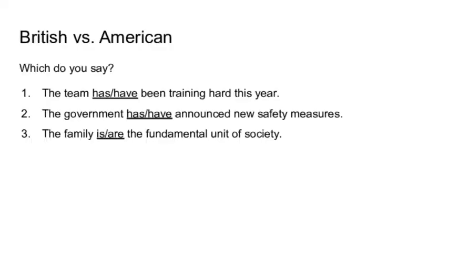But in British English, Britain, Australia, maybe Canadian, I'm not sure, you would treat these as plural because logically they are plural. A team is a group of players. And so in British English, they say the team have been training, the government have announced, the family are the fundamental unit of society.